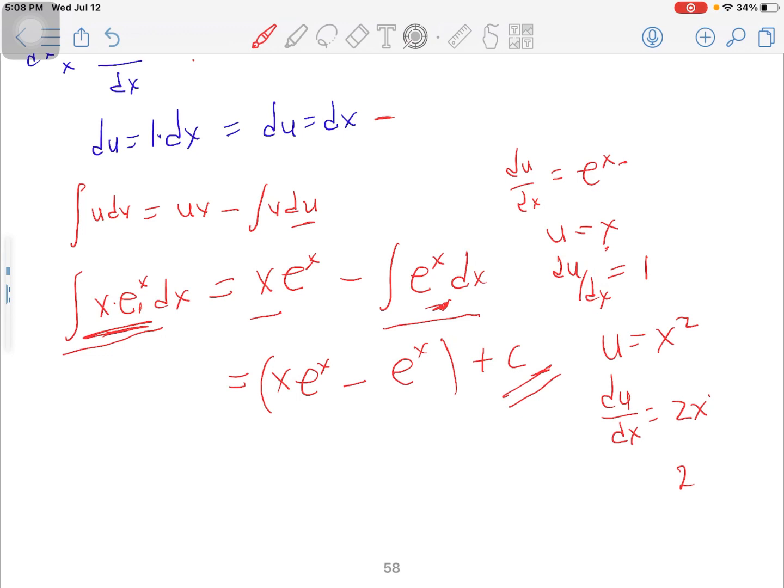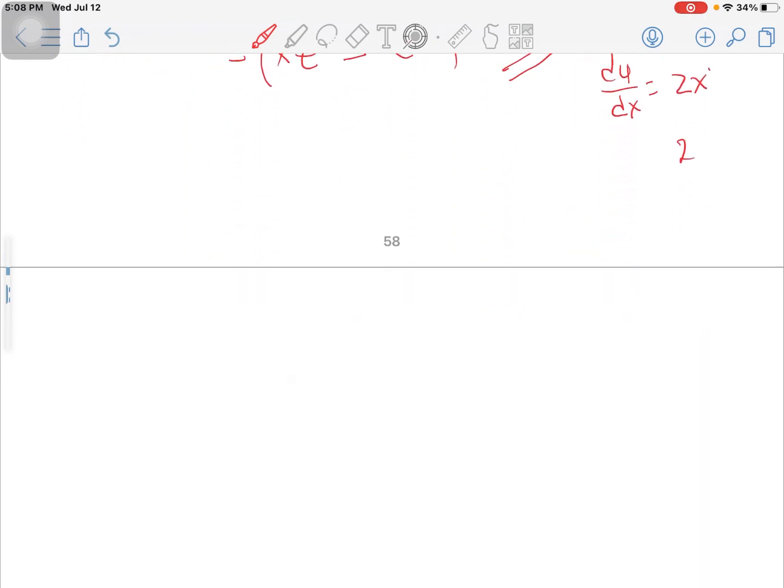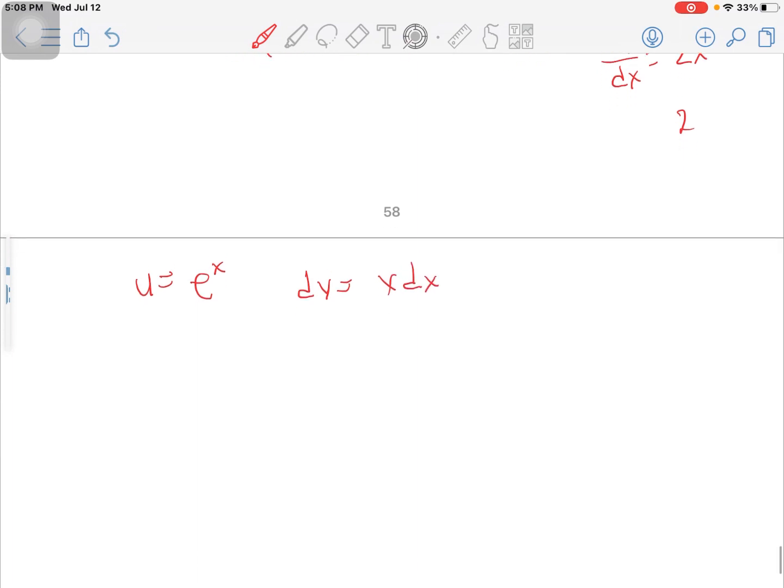So in this case, let's look at something here. As I was explaining earlier on, assuming that we assigned our u equal to exponent x and we assign our dv equal to x dx.